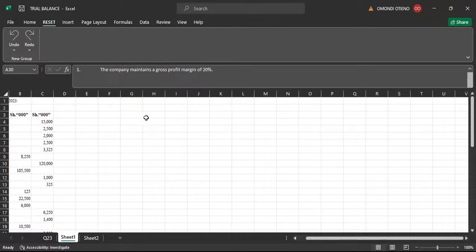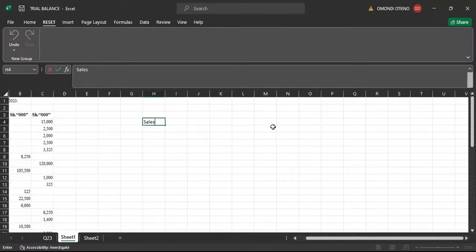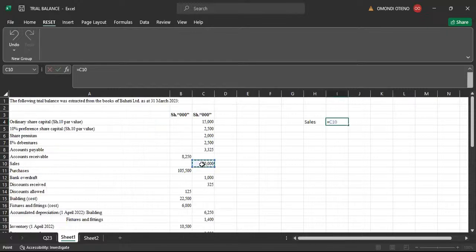But I want us to take it from this direction. We normally have sales to start. So we have sales. Do we have sales, or how do they call it here? Sales revenue. It is the same thing. So we have sales there as 120,000.